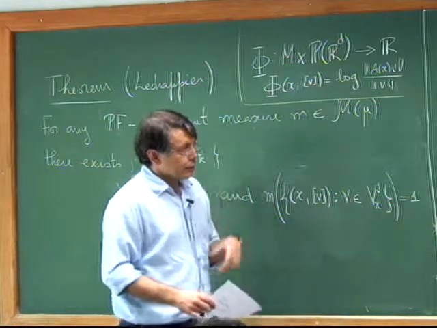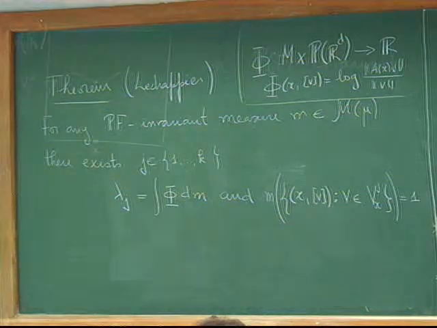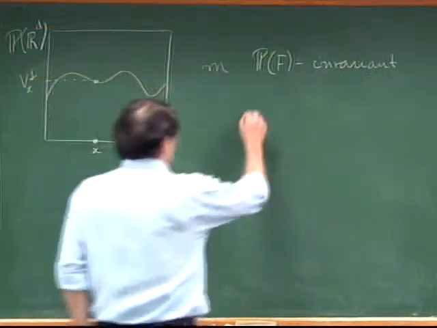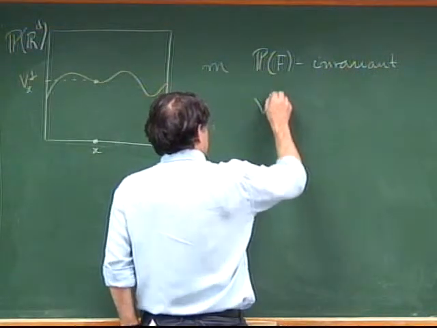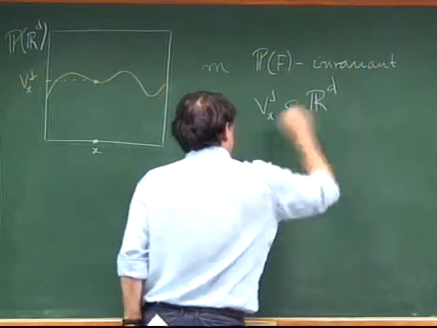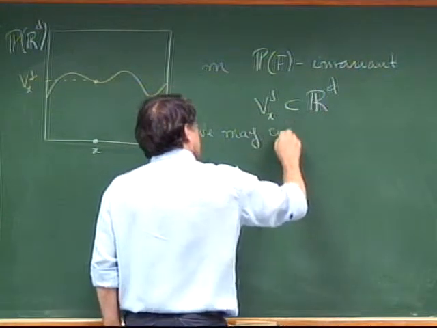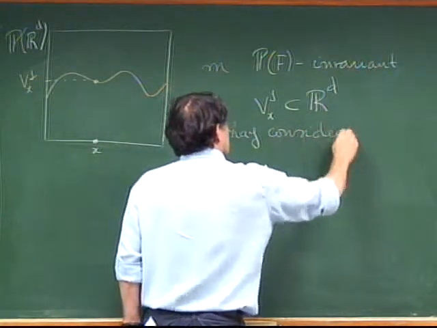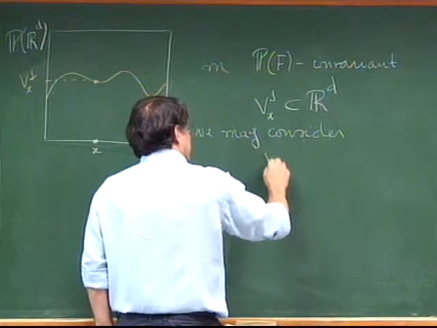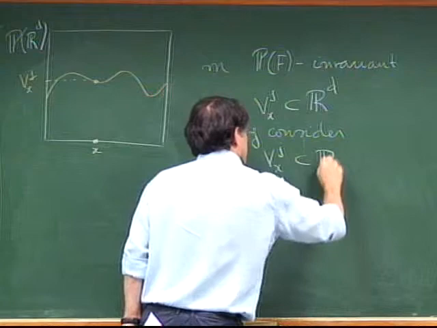I'm cheating a little bit because V_j is a subspace of R^d, but we may consider, it's a little bit of an abuse of language, V_j to be a subset of projective space.